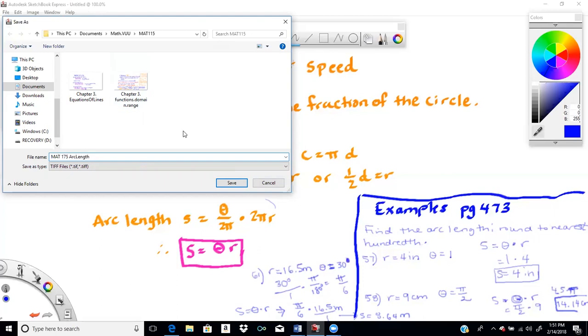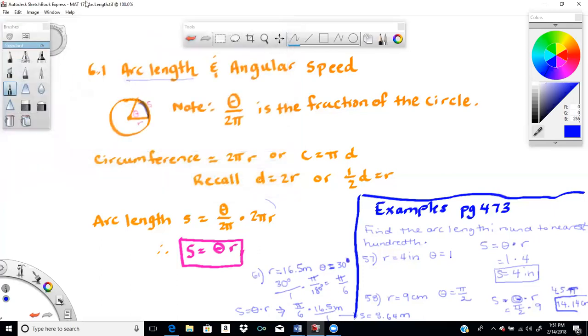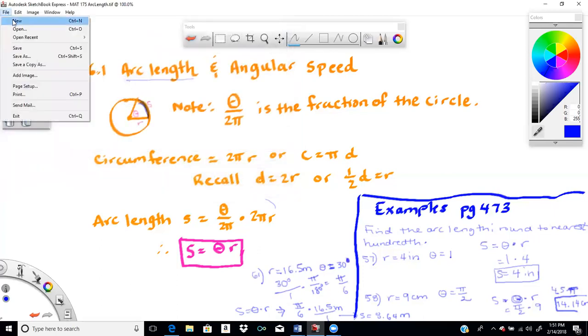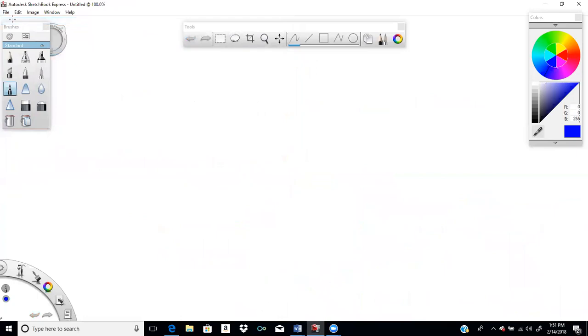All right, so we'll save that there, and then we will create a new one. All right, so let's look at the angular speed.